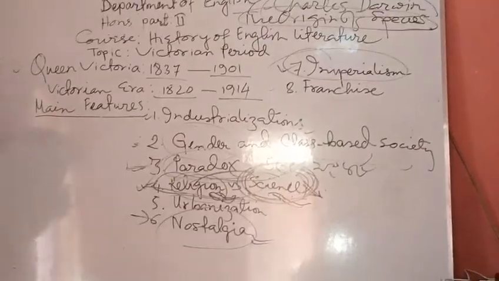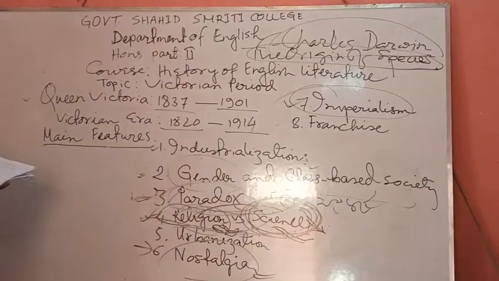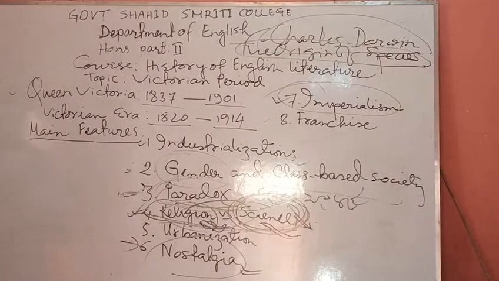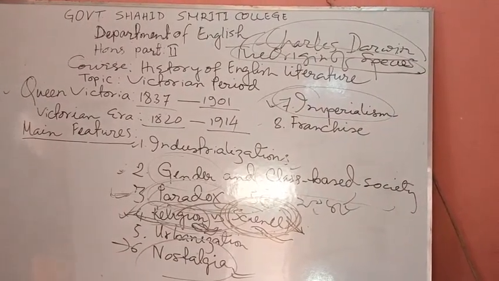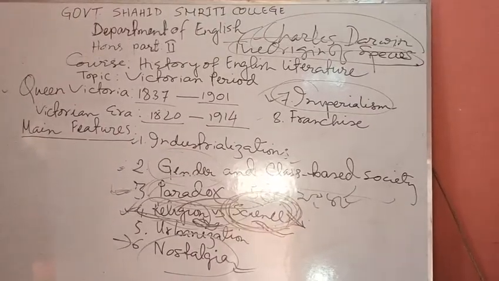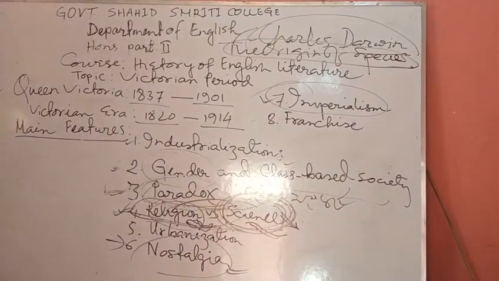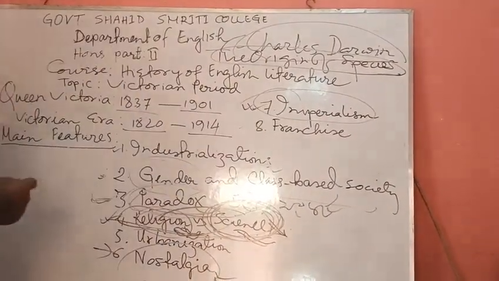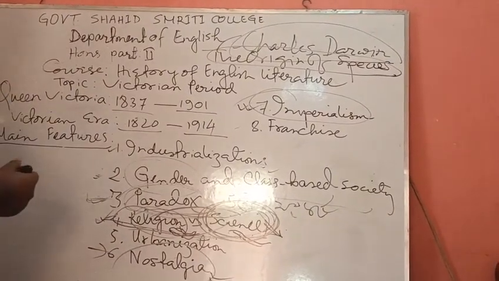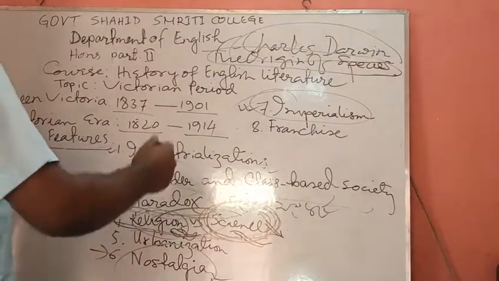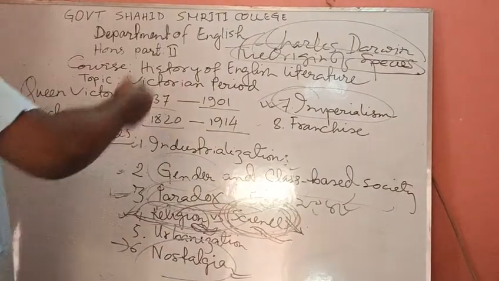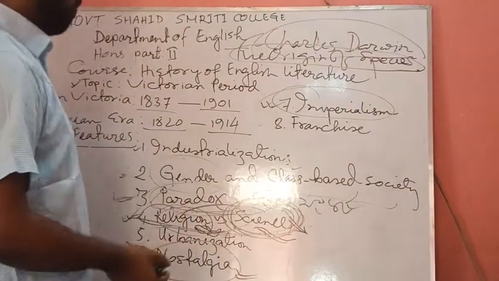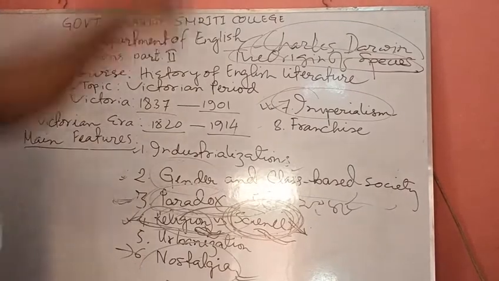So, England became the greatest empire of the world. The British dominated India for about 200 years. And during the period of Queen Victoria, their domination was at its topmost position.